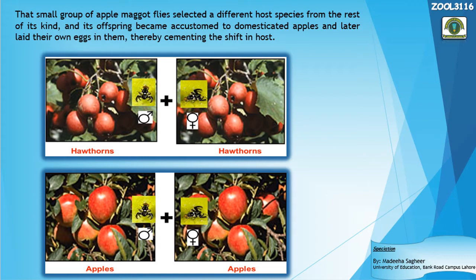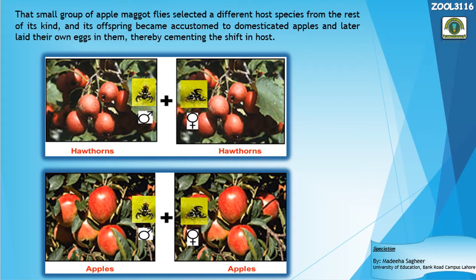They chose the apple plant as their host, and that small group started laying their eggs on the apples instead of the hawthorn berries. So they have changed their host, right?